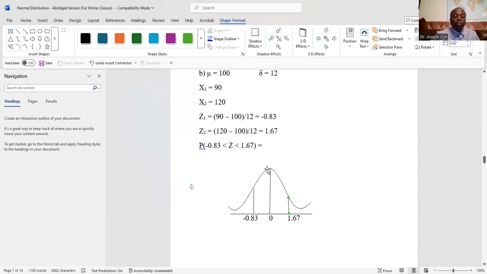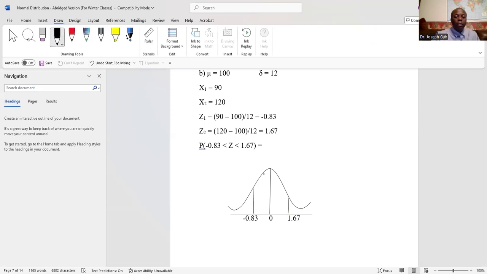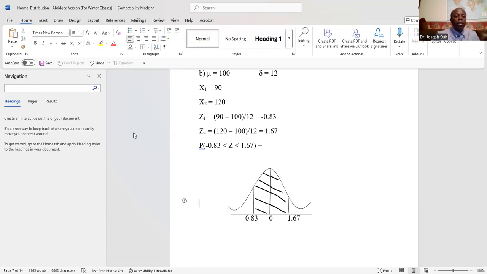Then between these two, we shade the area between the two. Once you finish shading, you can now go to the procedure chart.